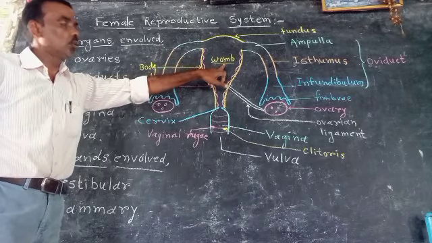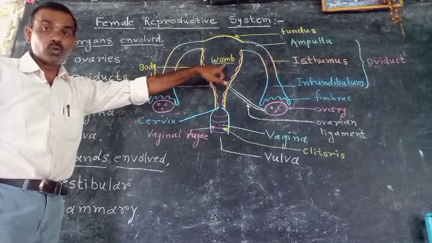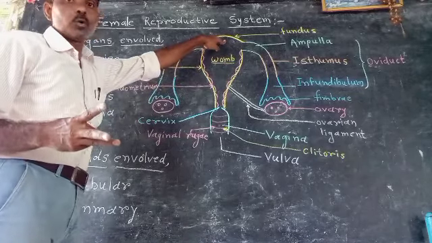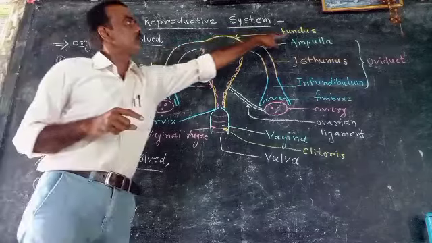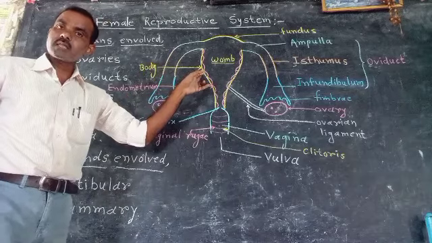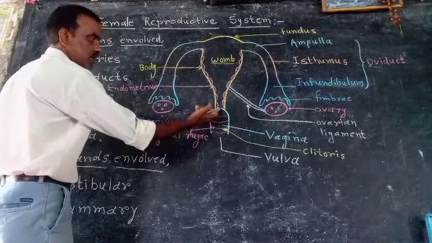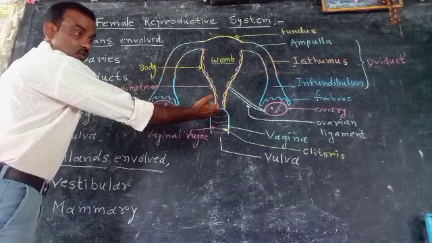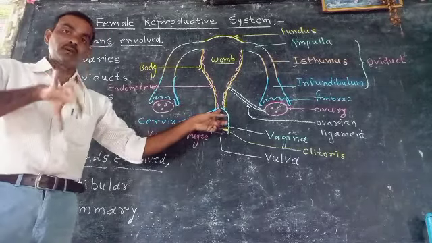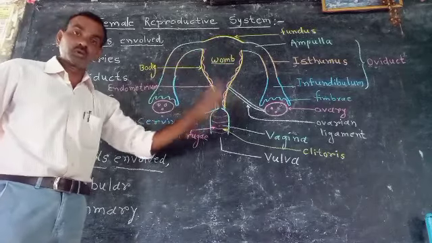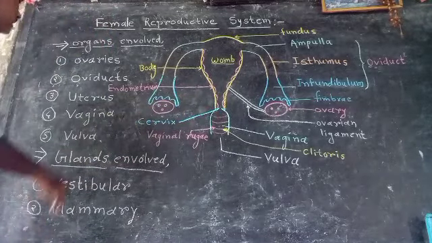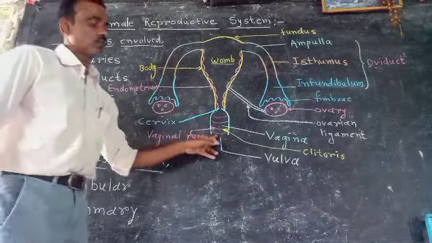The womb consists of again three parts: the upper dome, the fundus; the lateral body of the uterus; and posteriorly the opening of the uterus or womb, which is called the cervix. The cervix is the opening mouth of the uterus or womb, and it opens into the next part, the vagina.